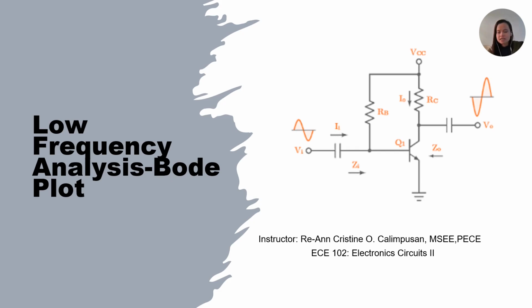In an RC network, a similar analysis can be established for each capacitive element, and the frequency at which the output drops to 0.707 of its maximum value can be determined.